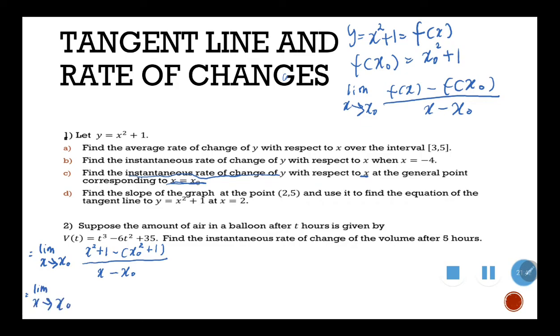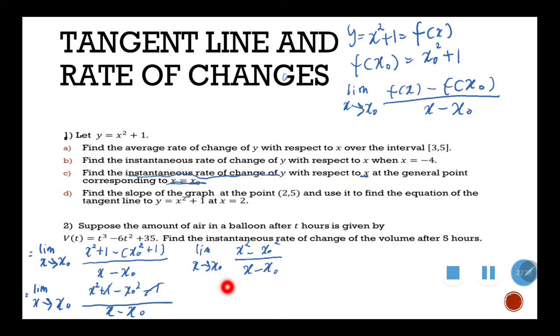Now what will become of this equation? This will be x squared plus 1 minus x naught squared minus 1. So 1 minus 1 cancels, and then you will get x squared minus x naught squared over x minus x naught.